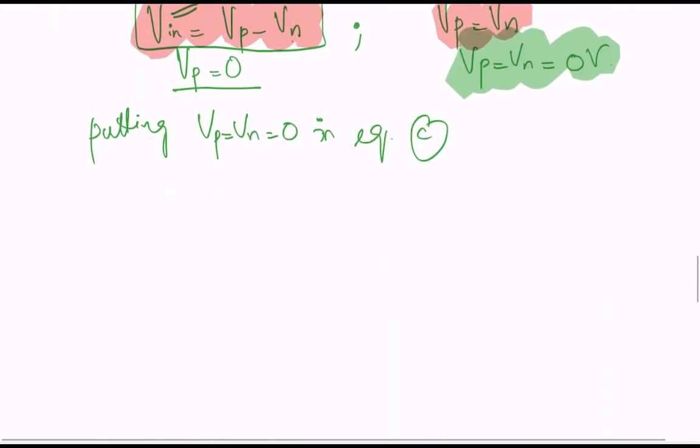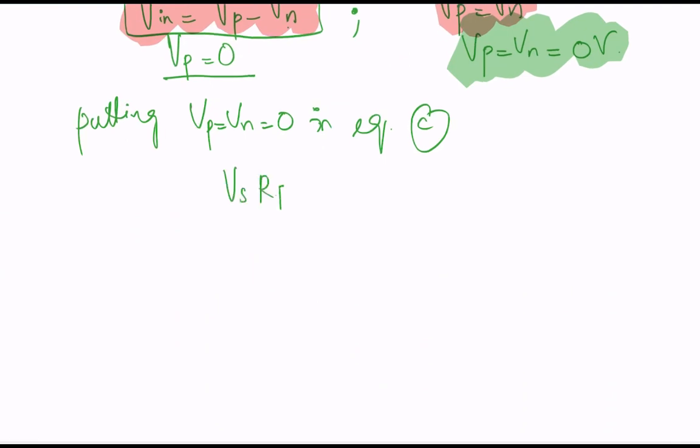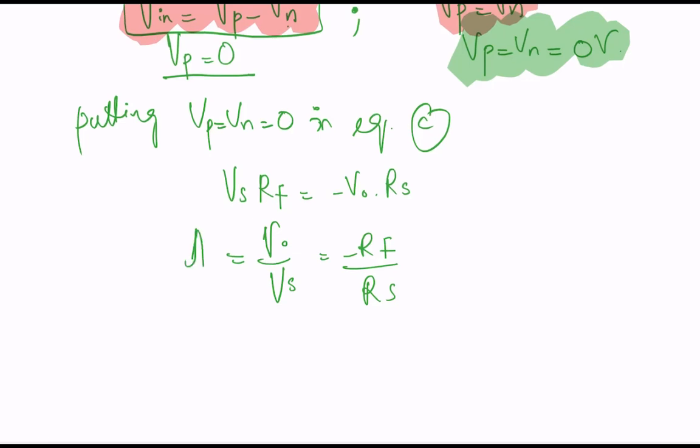So I get Vs Rf equals to negative V naught dot Rs, okay? And if I do some cross multiplication, I get V naught over Vs equals to negative Rf over Rs, and we know the output signal over input signal Vs is equivalent to the gain, and that's what we got here. That gain is equivalent to negative Rf feedback resistor over the source resistance.